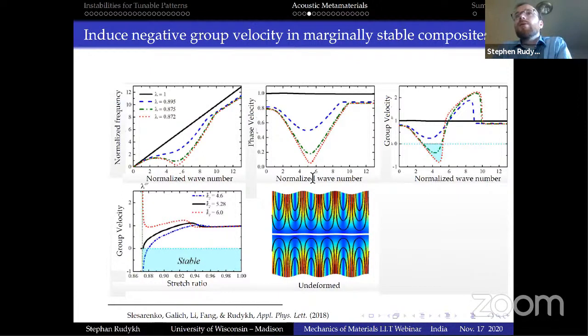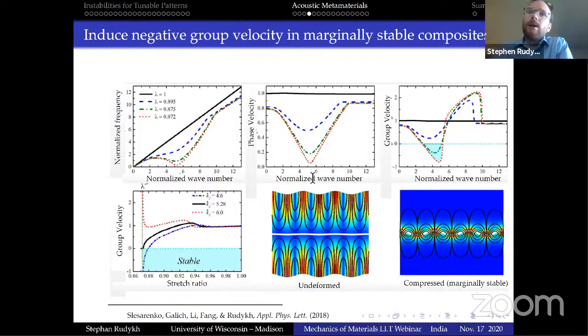Also, here is some illustration of how the modes of propagation change as we go from the undeformed to the compressed material. This illustrates a wavy mode; the material, remember, is still a flat layer, just compressed very close to instability, called marginally unstable, and that's where you obtain this negative group velocity.